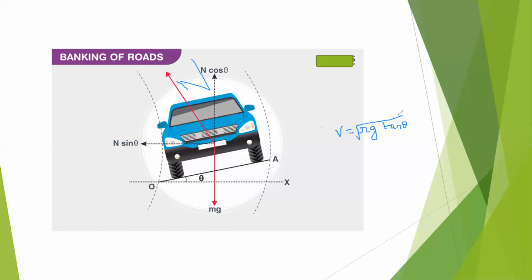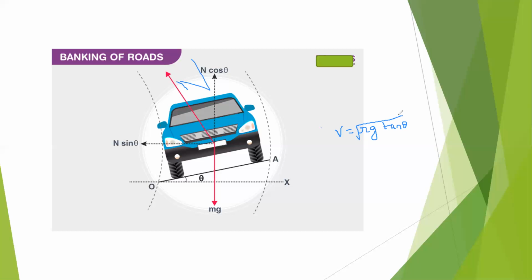Always, on an object two forces will be acting. One is the normal force and the other is the weight, which acts in the downward direction. The normal force is divided into two components, N cos theta and N sin theta, right? This speed is required so that the vehicle will take the safe turn: v is equal to (rg tan theta) to the power of 1 by 2.